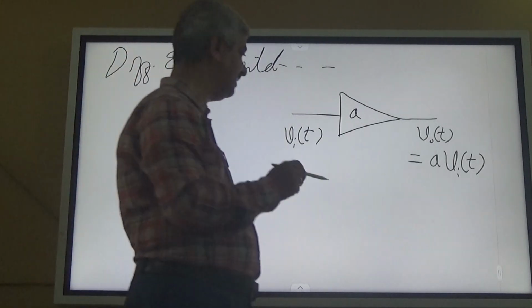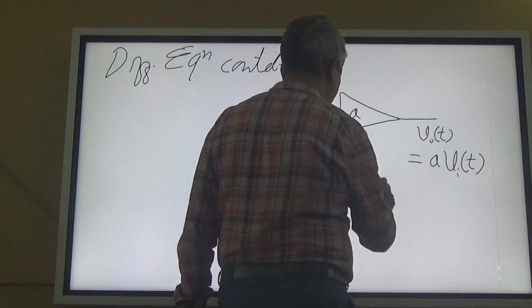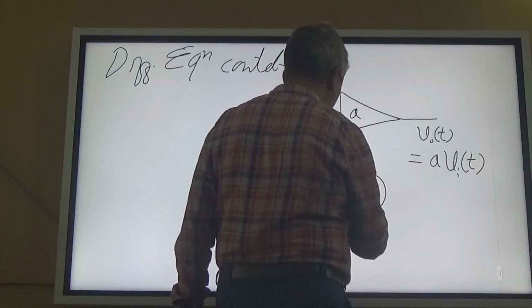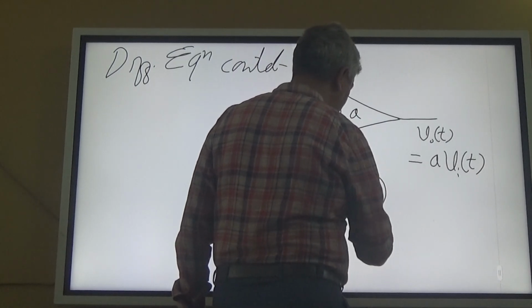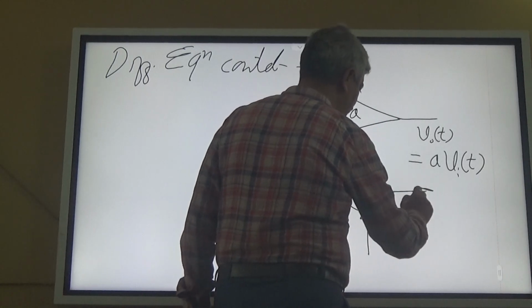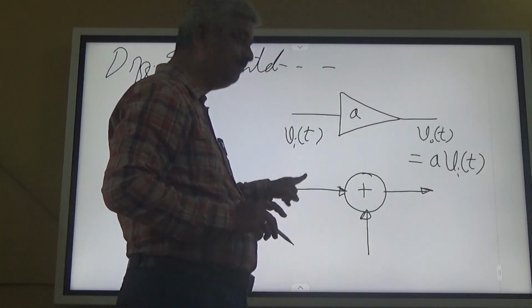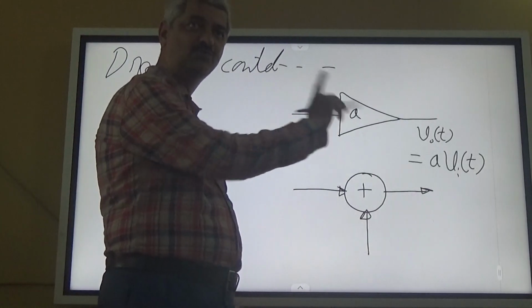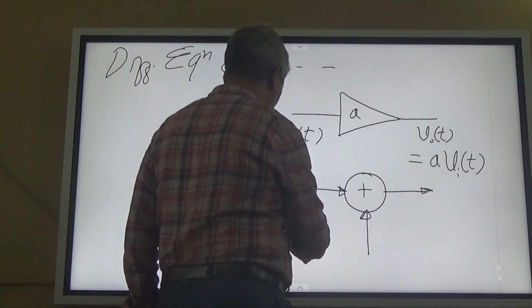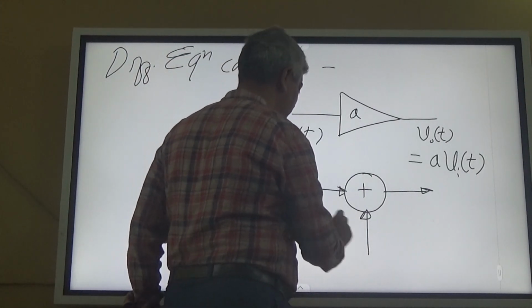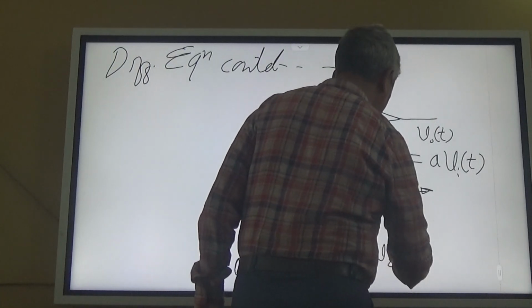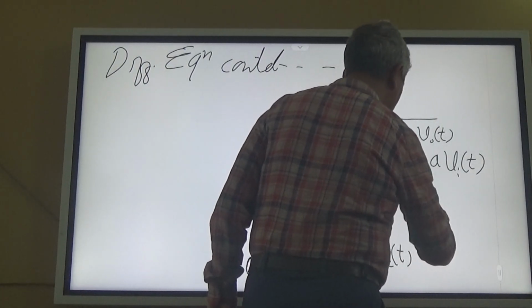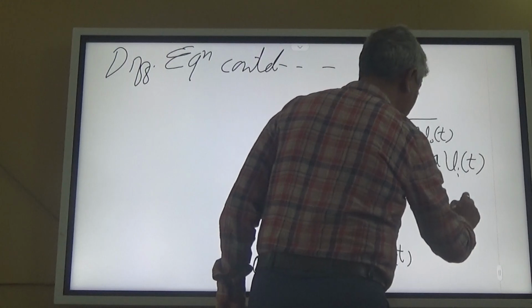And then one more device called an adder, which has two input terminals and one output terminal. So it takes V1(t) and V2(t), and the output is V1(t) plus V2(t).